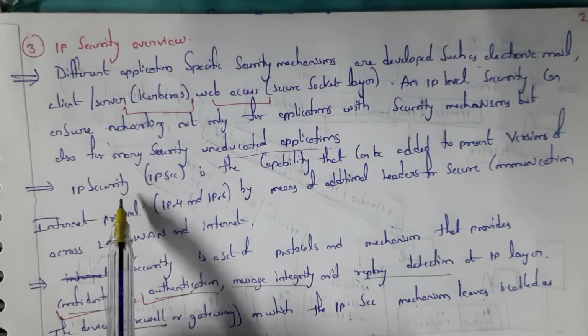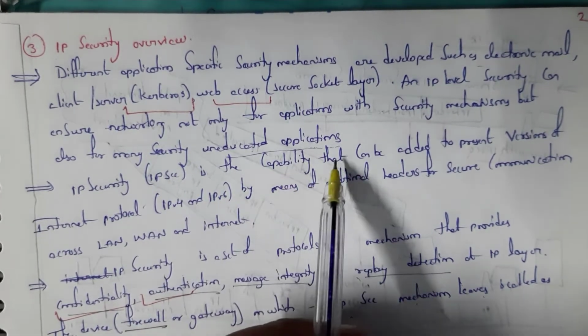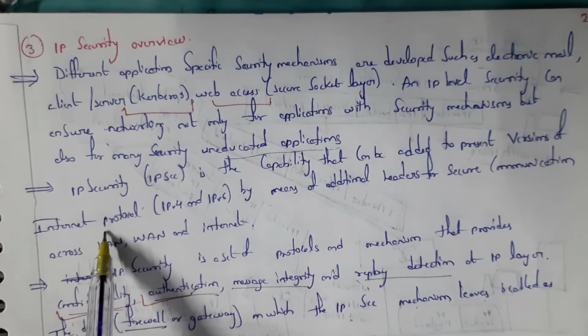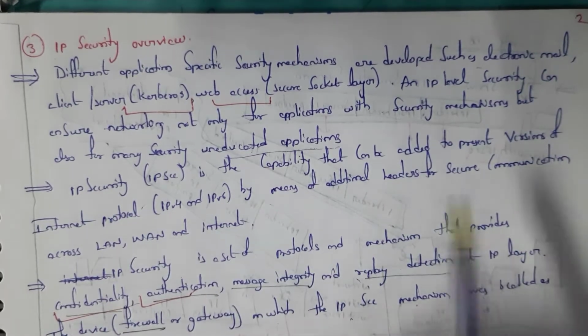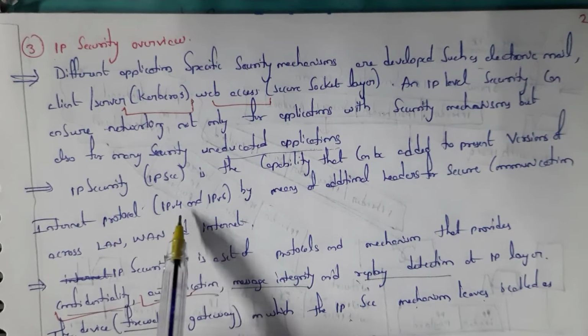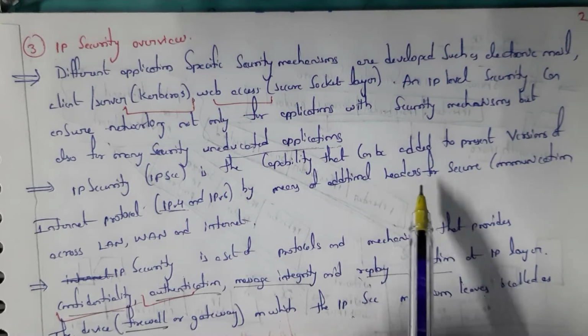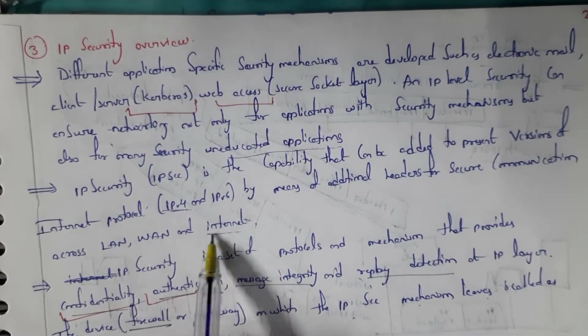IP security, shortly known as IPsec, is a capability that can be added to the present version of internet protocol. What are internet protocols? IPv4 and IPv6, by means of adding headers for secure communication across LAN, WAN and internet.